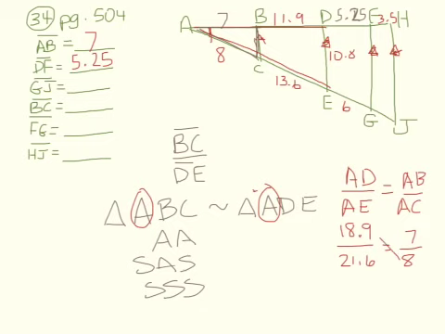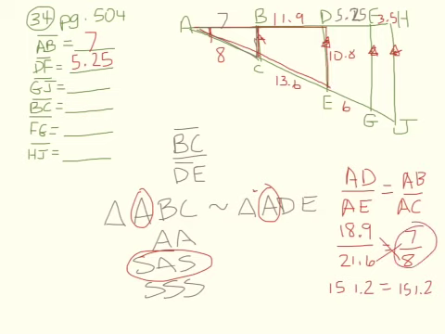So now I'll just cross multiply and see if these 2 equal each other. When I cross multiply, they do equal each other. They both equal 151.2. And so that means my triangles are similar to each other by side-angle-side, which then means that my third side, BC, is similar to DE.